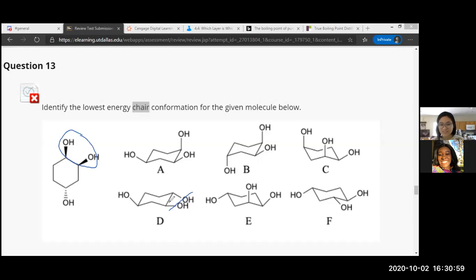And if you notice, C, they're also really close because they're both on a wedge. So you could also eliminate C because you don't want that hindrance right there. You never want that 1-3 hindrance. So that's also bad, so you can eliminate that one.